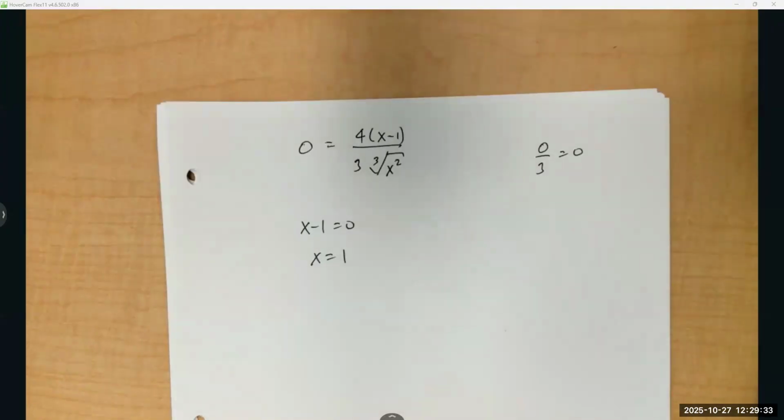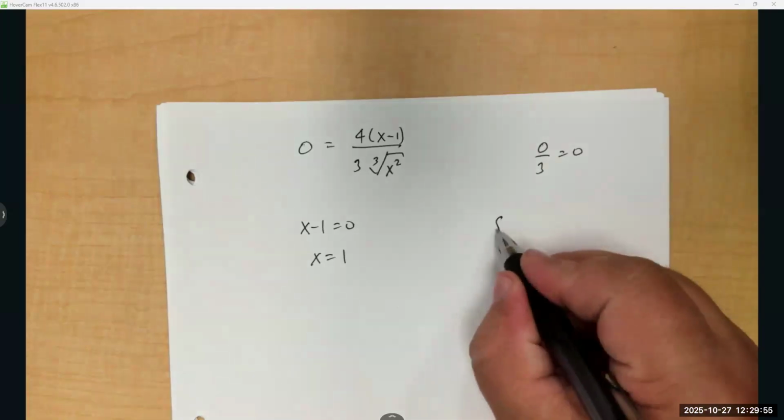So what does a slope of undefined look like? A vertical asymptote. No, not an asymptote. It would be a vertical line. But you're close, so yes.